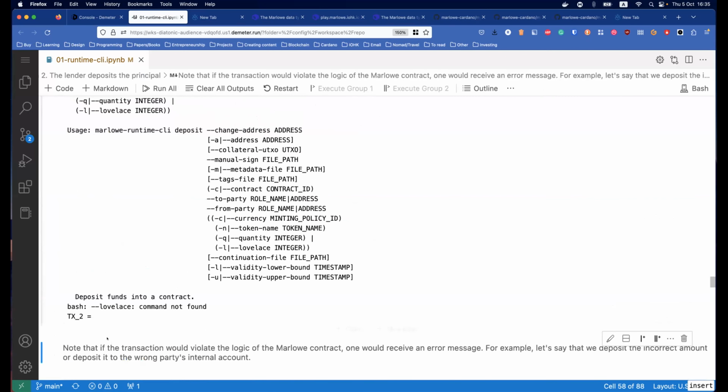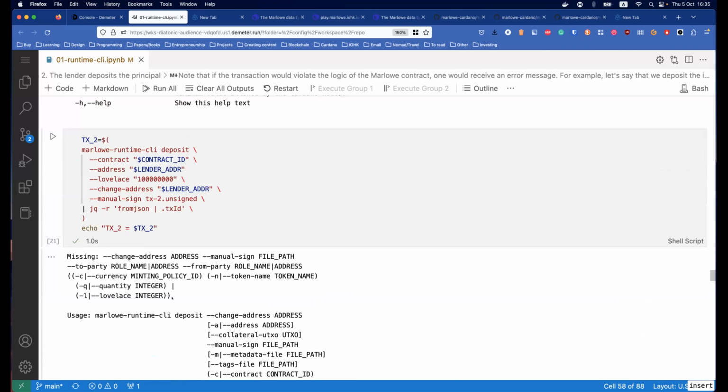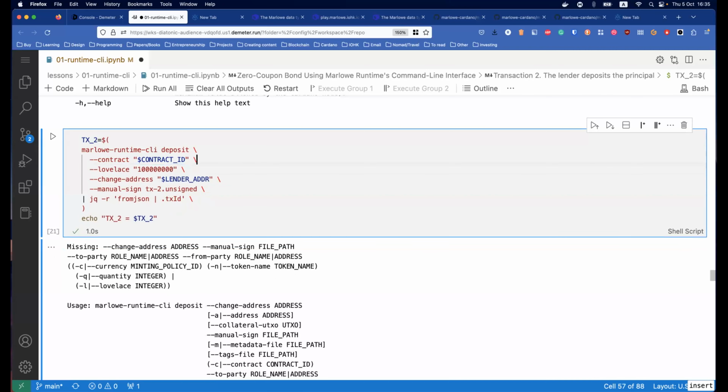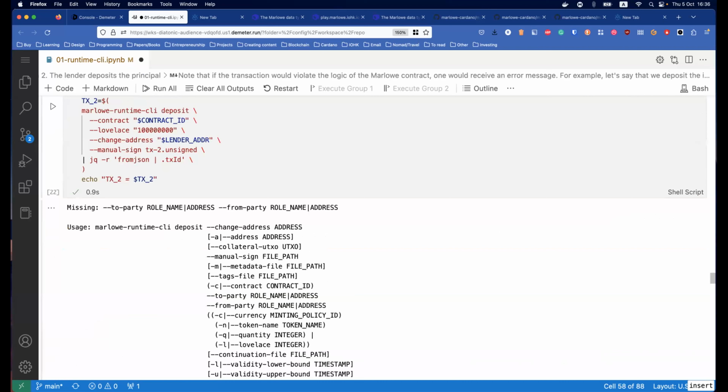The deposit funds, Loveless account. But I think you forgot a backslash somewhere. Yeah, after address. Can you just remove the address again? Or remove that line where you are now. Okay. Just want to see whether you get an error message that from party is required. Yeah. Missing to party and from party.